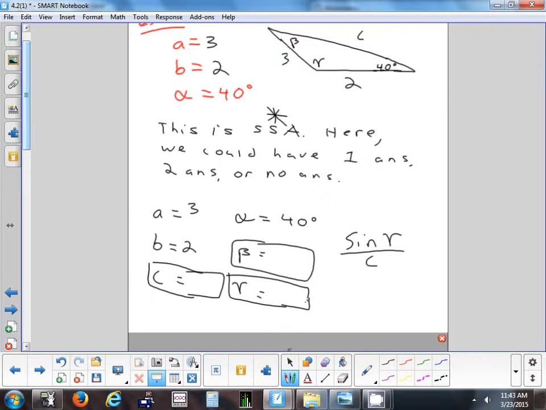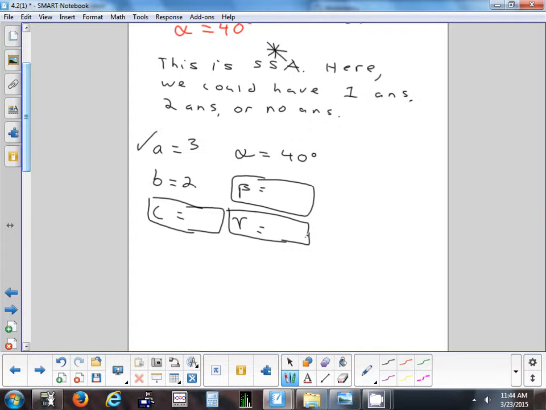We don't know gamma, and we don't know C. So if you try to use row 3, you have 2 variables. We can only have 1. So which row, go ahead, Becca, what row did you say I have to use? The first one, right? Yeah, definitely going to use the first one. To find beta. Yeah, we got to find beta first. Okay, there are no options. You have to get beta first.